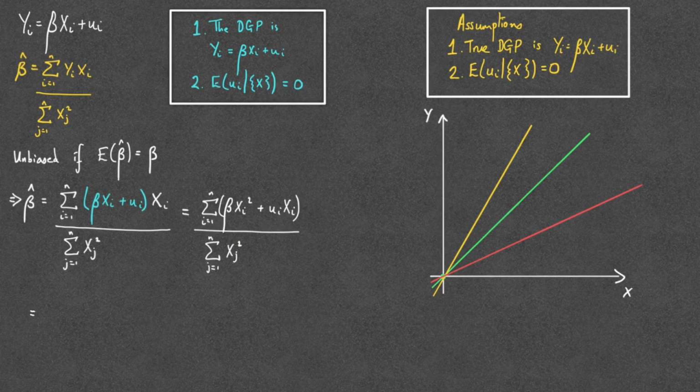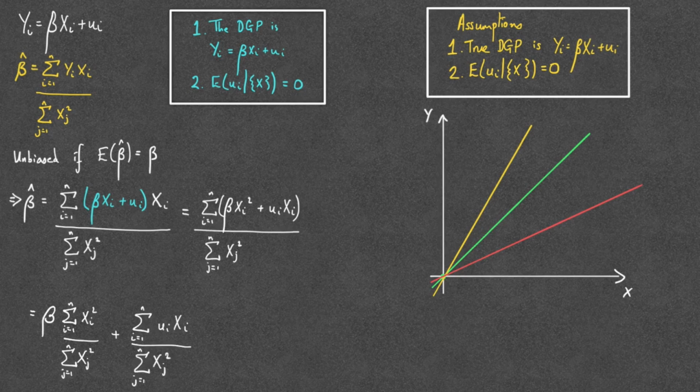So we can write this as being beta times the sum of the x squareds over the sum of the x squareds plus the sum of the ui xi's over the sum of the x squared.